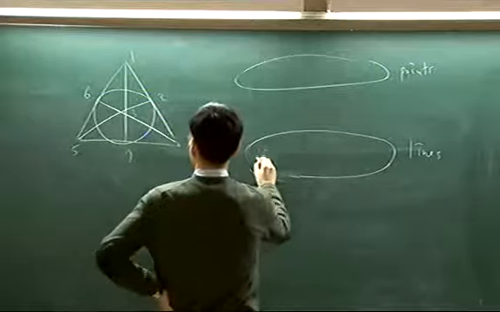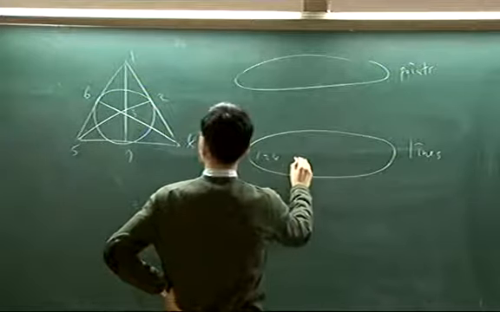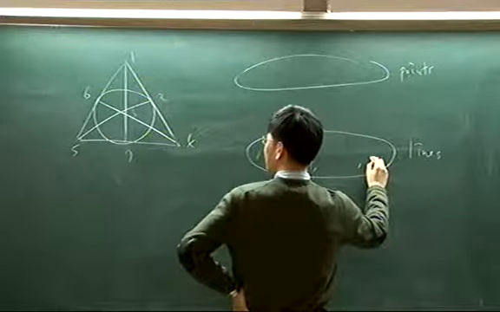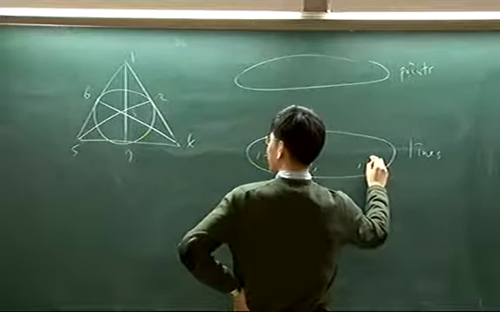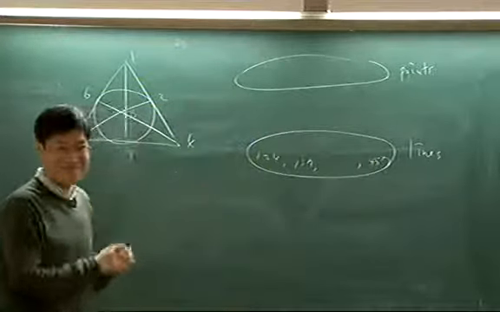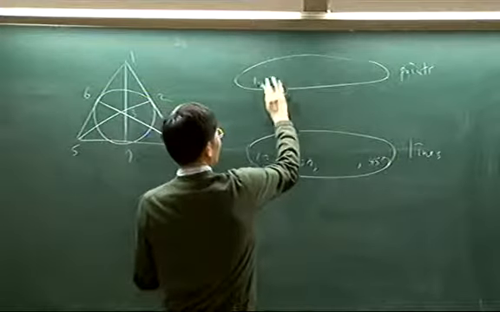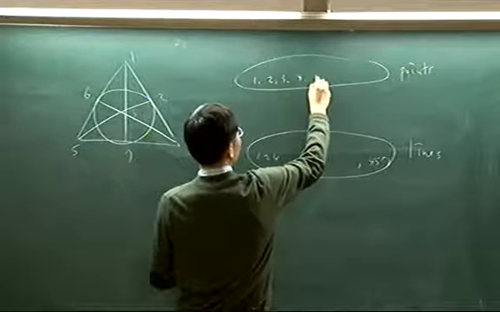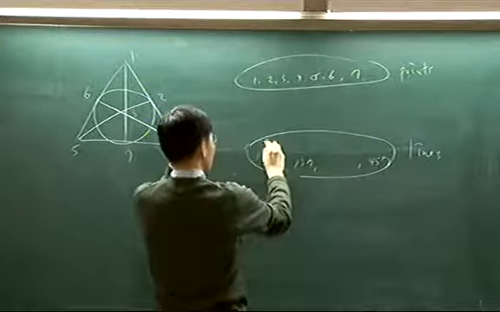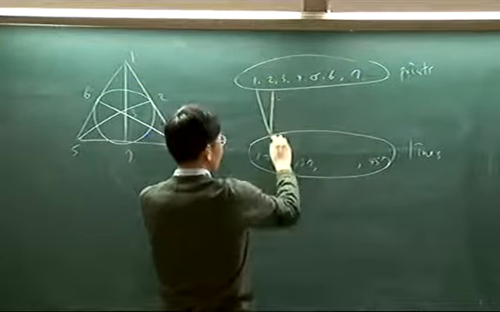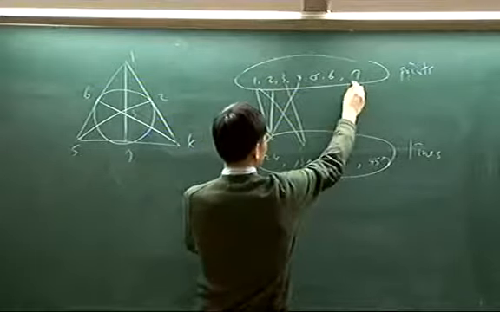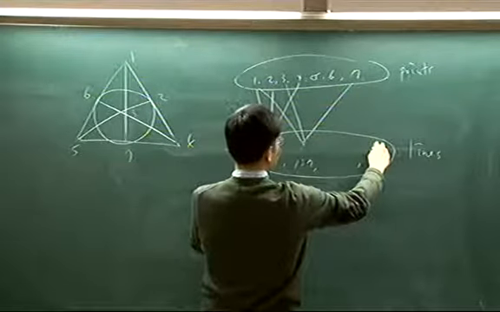If we have a line 1, 2, 4, and then maybe 1, 3, 7, then maybe 2, 6, 7, at the top part, then we connect 1 to 4 this way, and 1, 3, 7 this way, and 4, 5, 7.